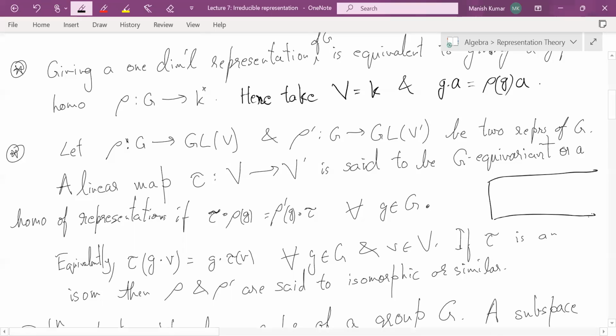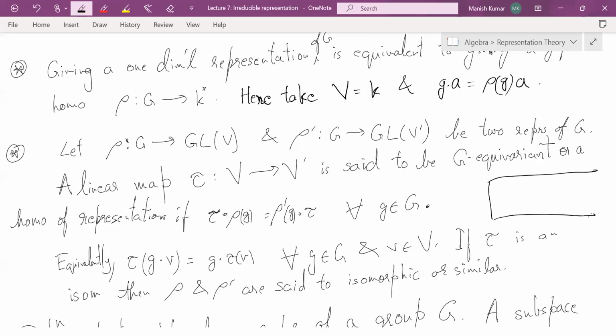And this rho G, you can also think of as a matrix with respect to that basis. Rho G is an automorphism of V, and if you fix a basis, it will give you a non-singular matrix.